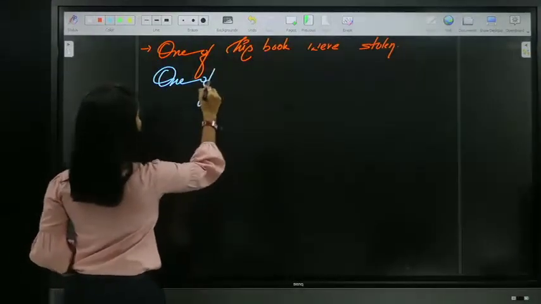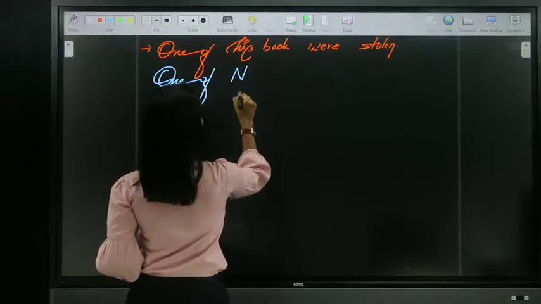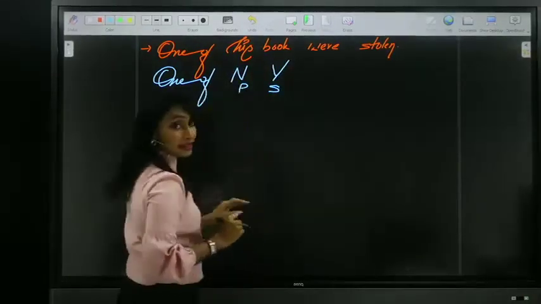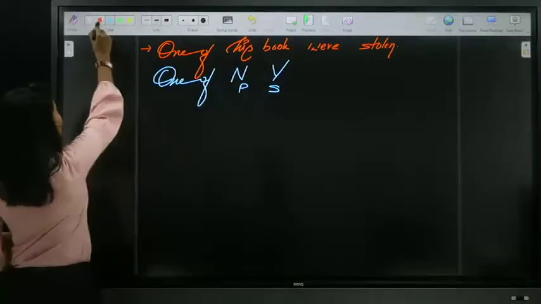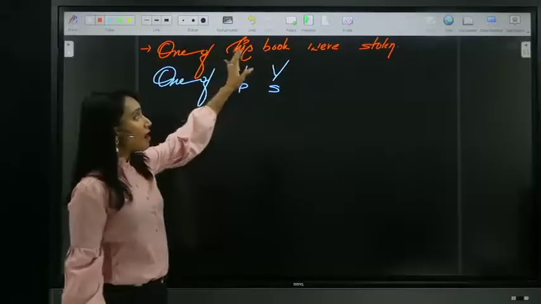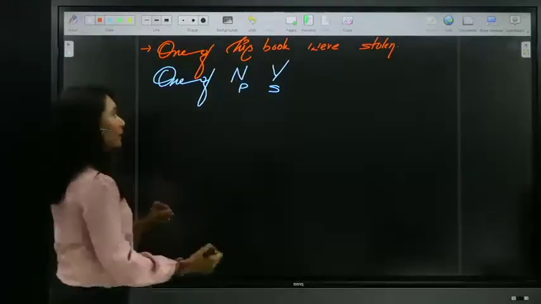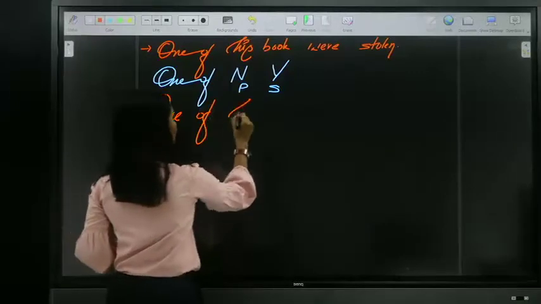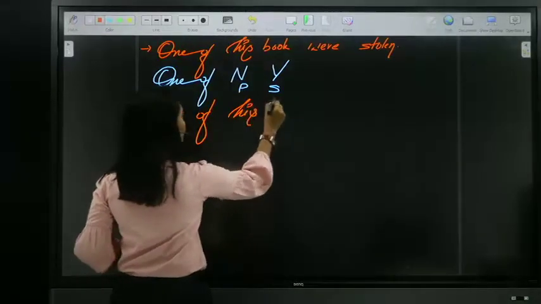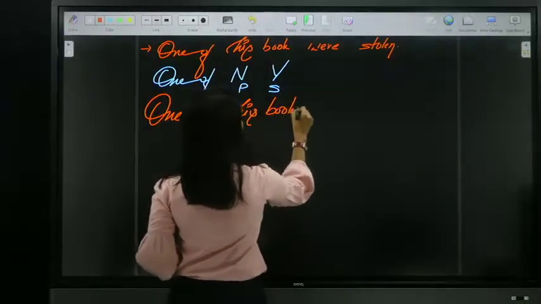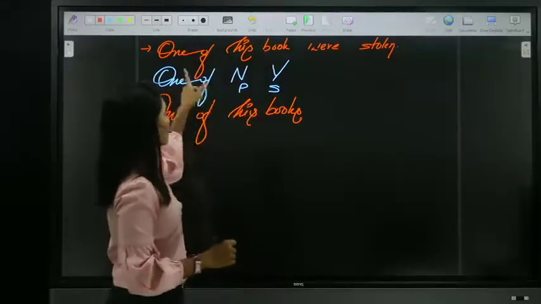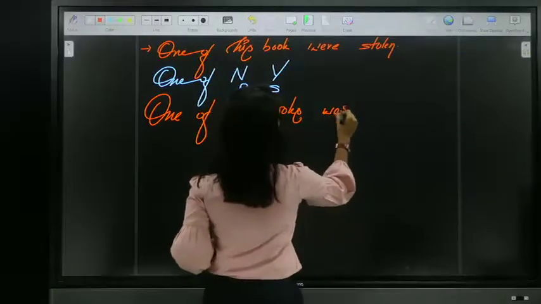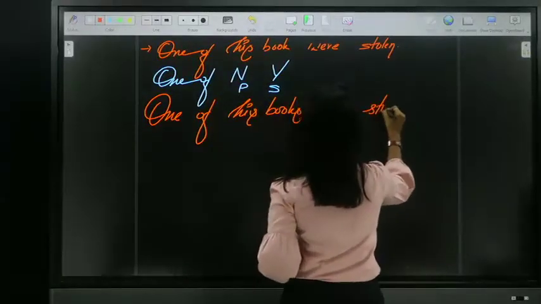One of always takes a plural noun and a singular verb when there is no relative pronoun. So same concept here. One of his, we require a plural noun. The plural noun is books, and we require a singular verb. What is the singular verb? Was. So, "One of his books was stolen."